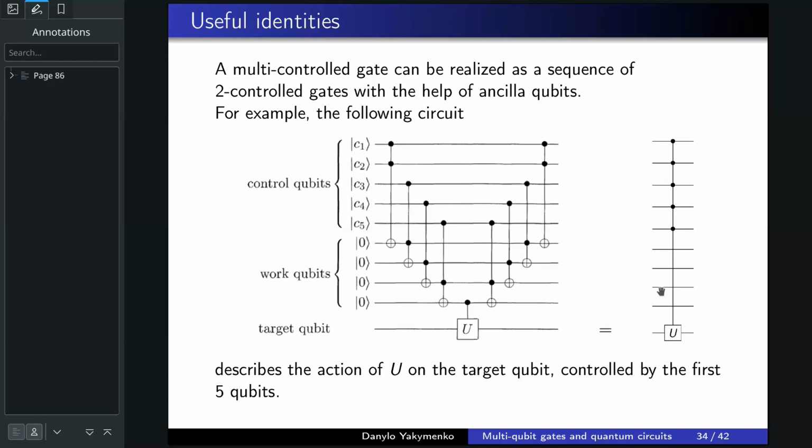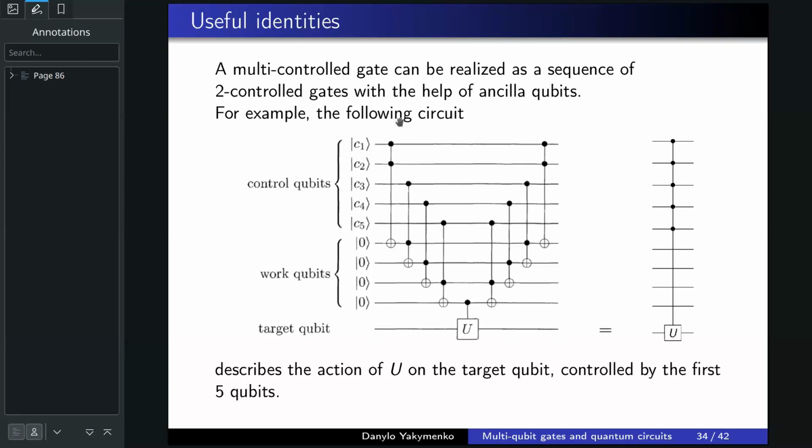To express this operation, we add four additional qubits, we can call them work qubits. And then one can show that this unitary operation actually equals this sequence of operations.